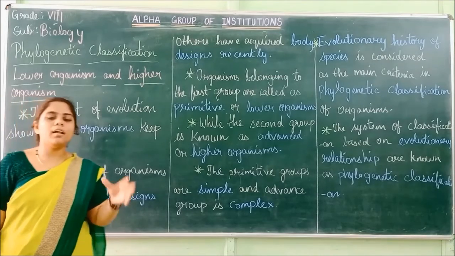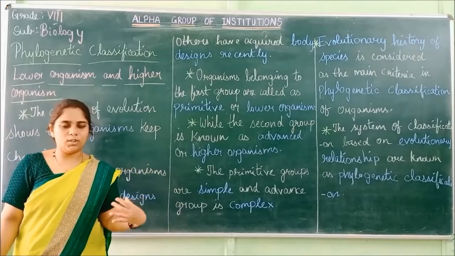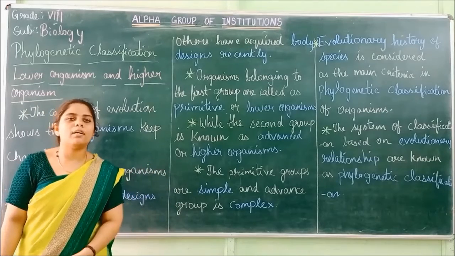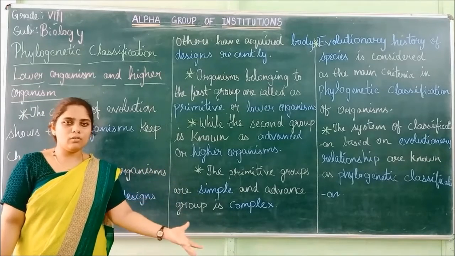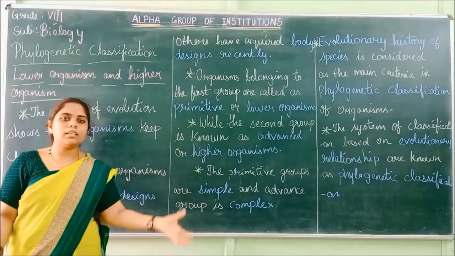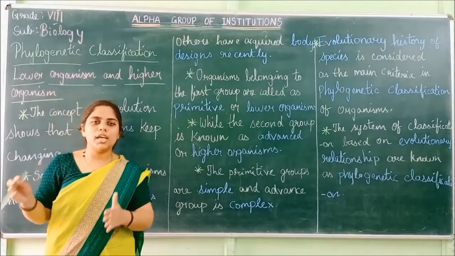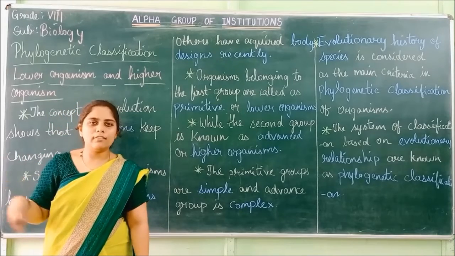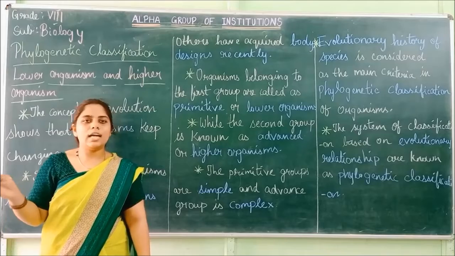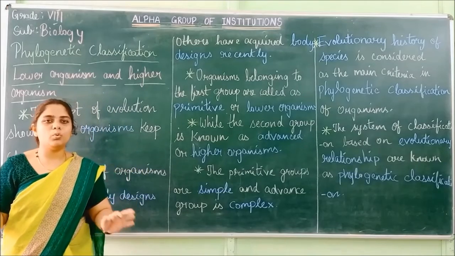For example, we can take the human being as the main example. We have originated from monkeys. From monkeys it took hundreds of years to slowly change according to the environmental conditions and finally developed into a human being.